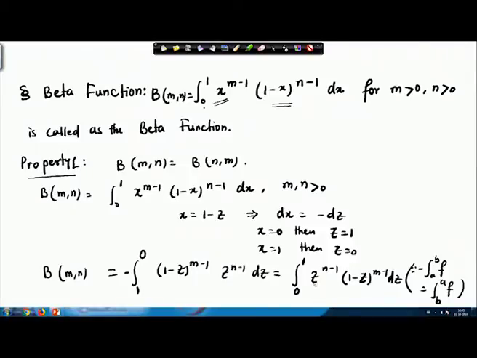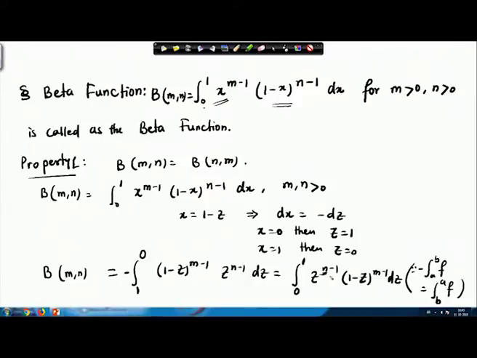And if you look at the definition of the beta function, instead of x we have z, and instead of m we have n, instead of n we have m. z is basically a variable, so it does not matter whether we use x or z.